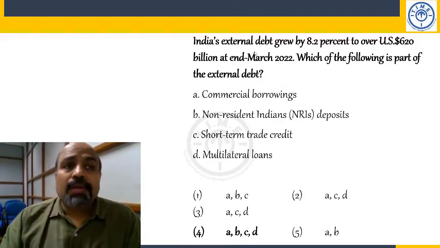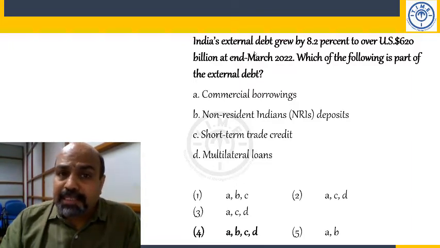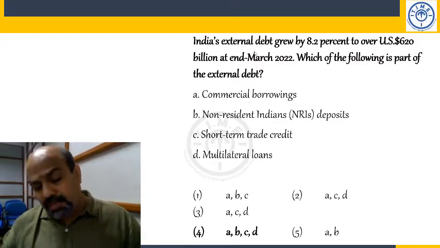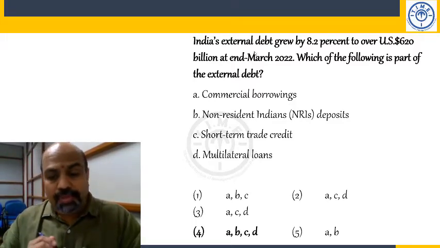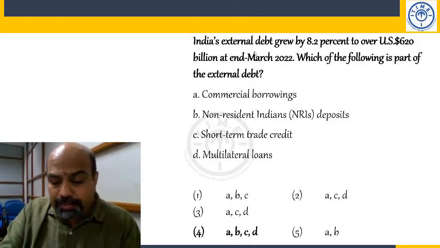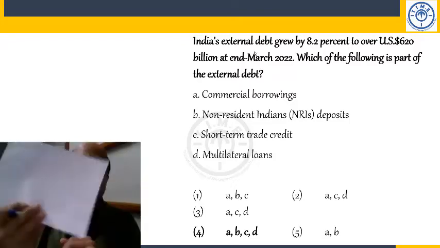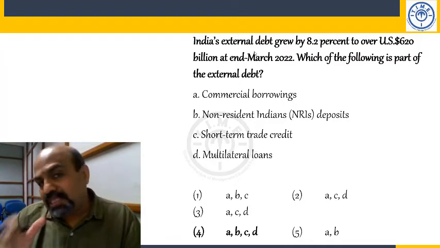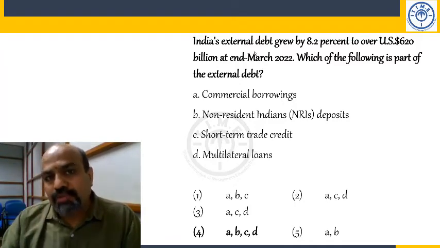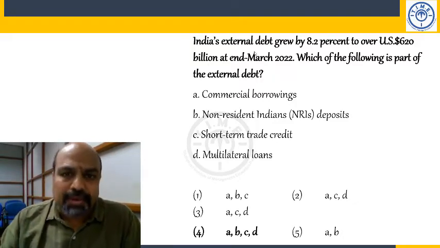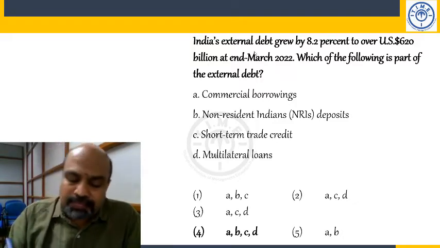First point, external debt to GDP ratio, ED to GDP ratio, 19.9%. This is the money that India owes the world, and this forms nearly 20%, 19.9%, of India's GDP.